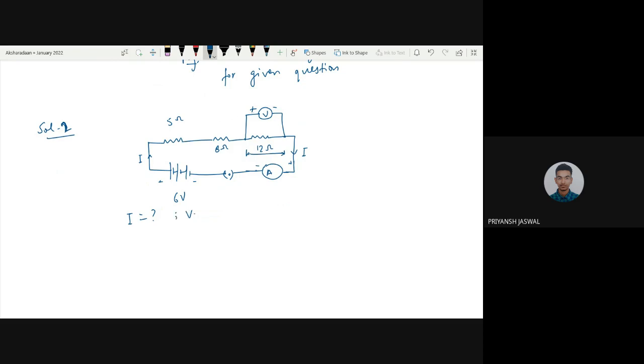So what are the values for this? First we will have to calculate the total resistance, that is the series combination resistance, which will basically be the sum of all the three resistances, 5 plus 8 plus 12. So net series resistance comes out to be 25 ohm.